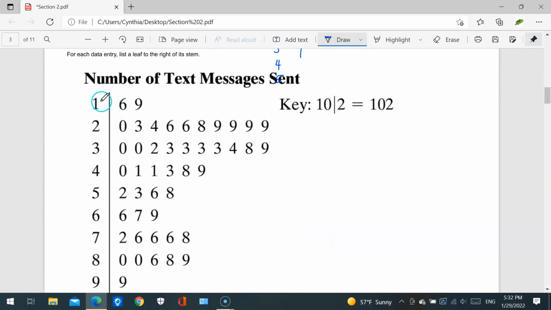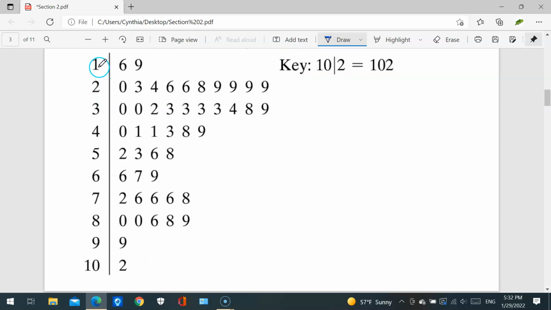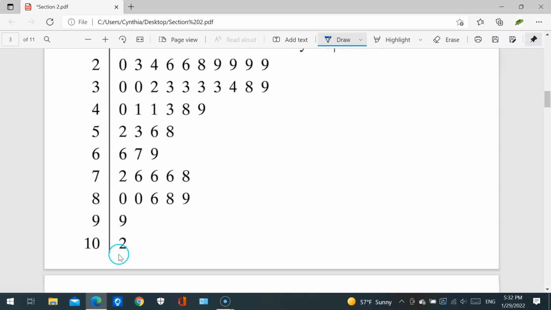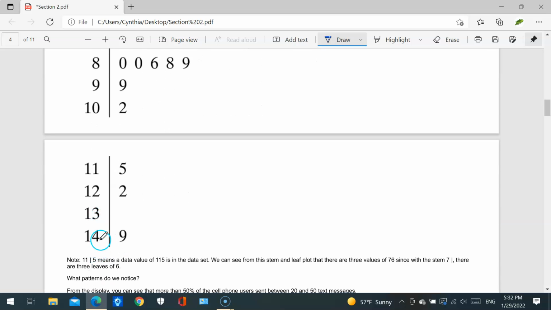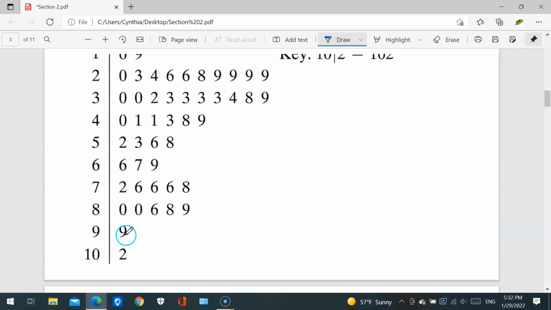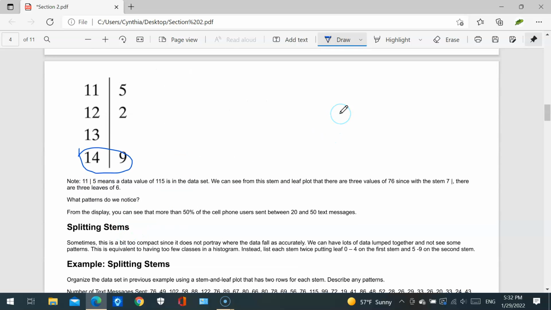If you look at the stem and leaf plot example here, you can see 1, 2, 3, 4, 5, 6, 7, 8, 9, 10, 11, 12, 13, 14, because the largest data is 149. Now with 149, this is the leaf part, and we only take 1 digit, so the stem is 14.